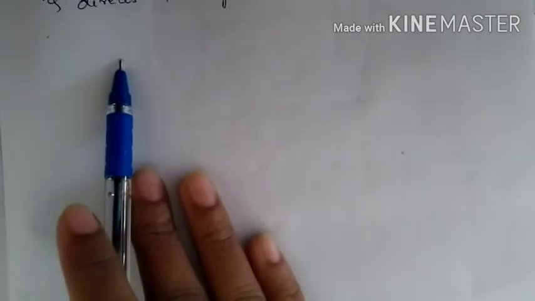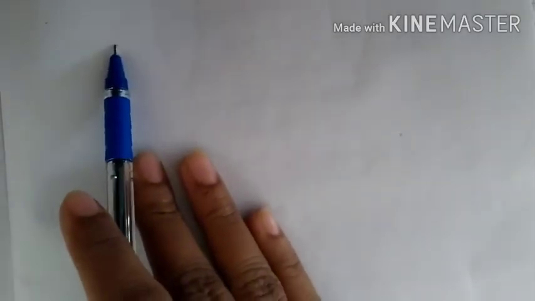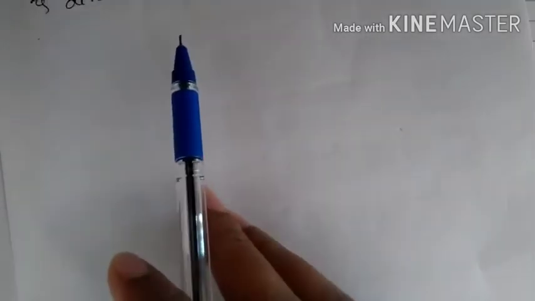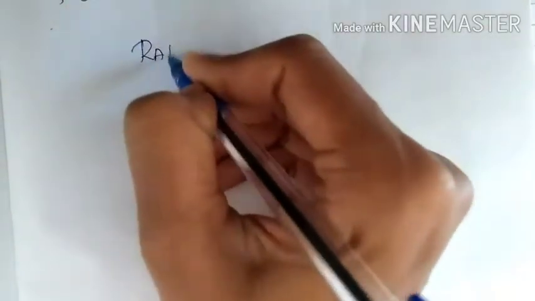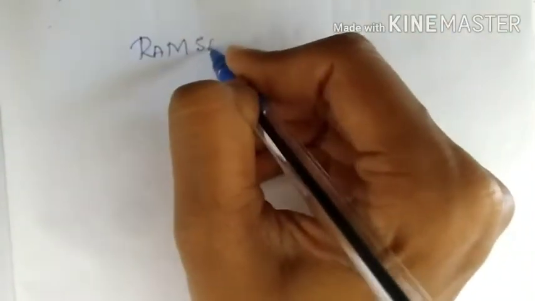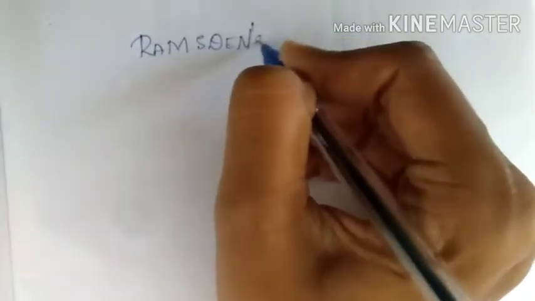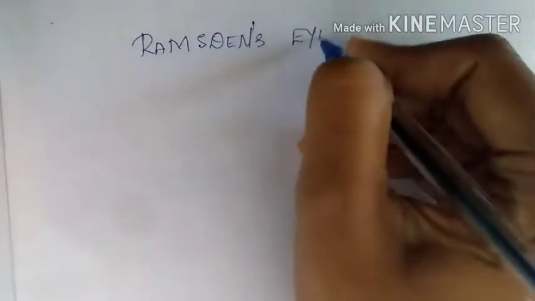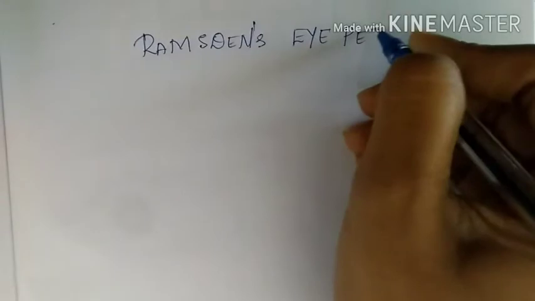In our last class, we learned what an eyepiece is, its construction, and its definition. So now in this lecture, we are going to learn what the Ramsden's eyepiece is.